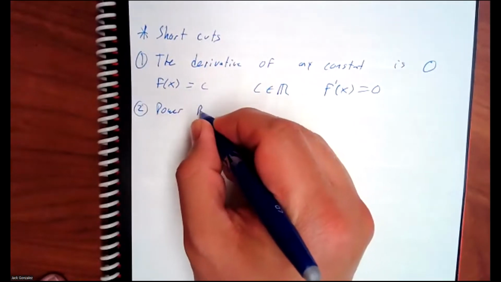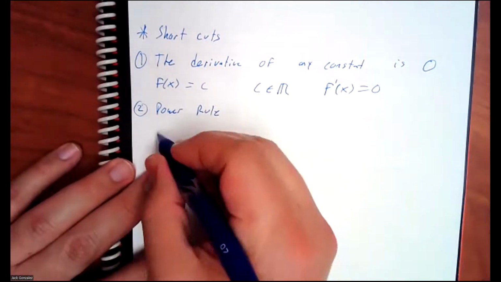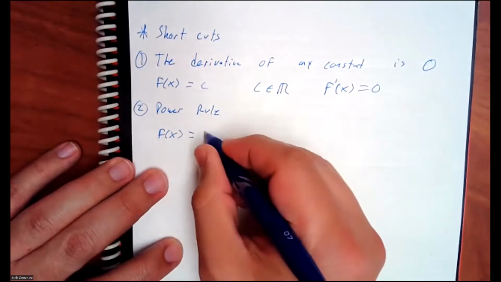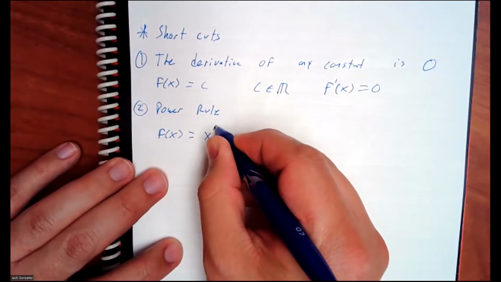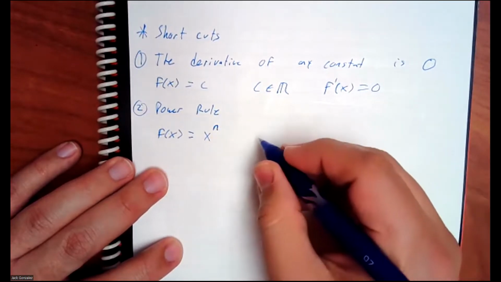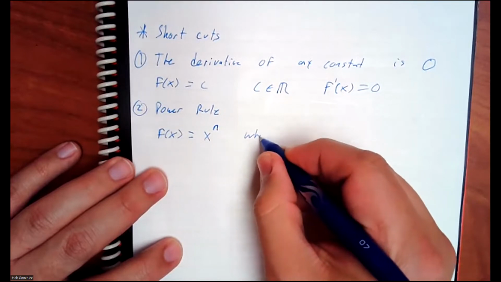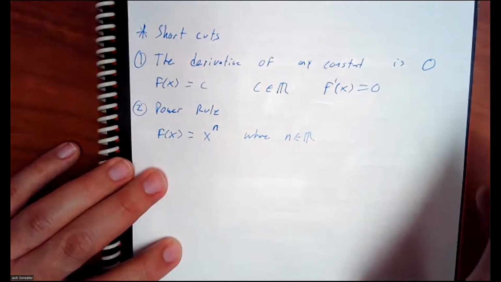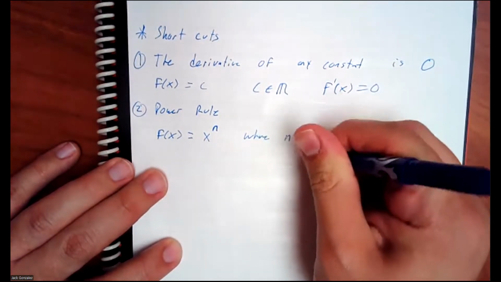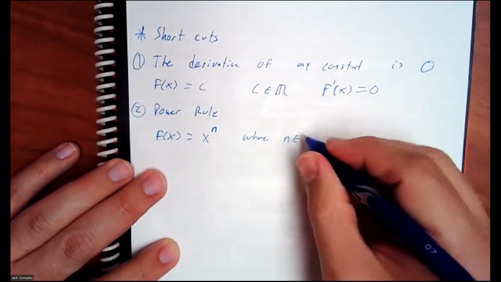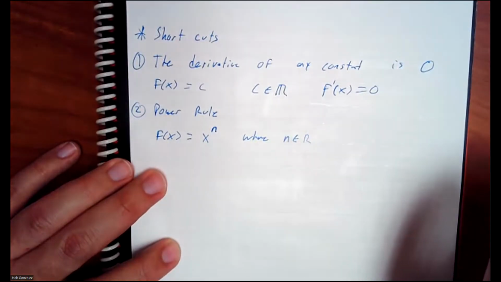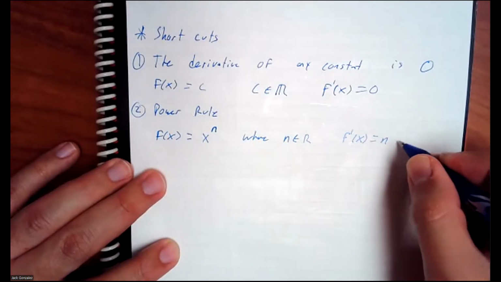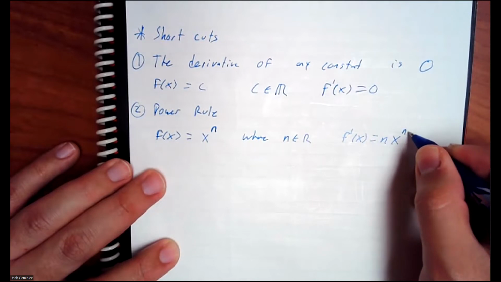Power rule. So if you have a power function, x to some n power, where n is an element of the real numbers, and make the fancy R, just make a capital R. F prime will be n times x to the n minus 1.